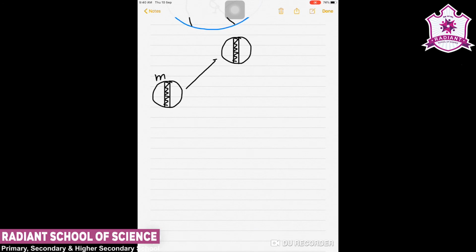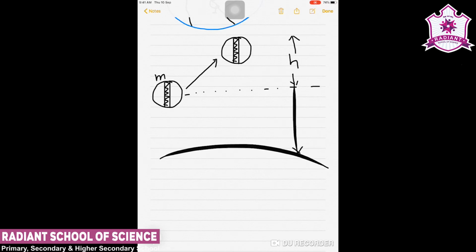Now in bringing it to this height, suppose the change in its height is h, and the ground is somewhere here, so it rises up by height h from the ground. At that position it is stationary, meaning the initial velocity is 0, and it is held stationary.